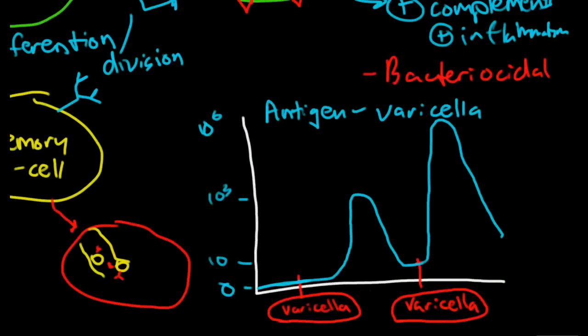Immunoglobulins. Let me go up here and get a fresh screen. Immunoglobulins are these antibodies that respond to specific antigens that are floating free in our bloodstream. And we actually have 5 different types that we've recognized, and I'm not going to go into the form of each one, but I do want to touch briefly on the function of each one.